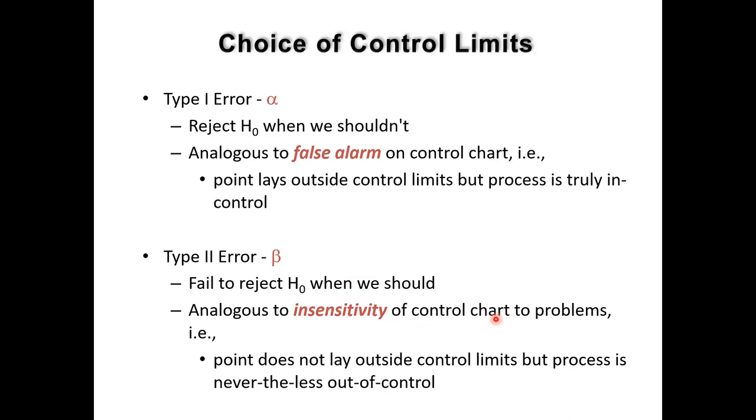This is the situation whereby the point does not actually lie beyond the control limit, whereas in actual fact, the process is out of control. It is actually out of control, but you don't see any point that indicates the process is out of control. So this is due to the problem of type 2 error.